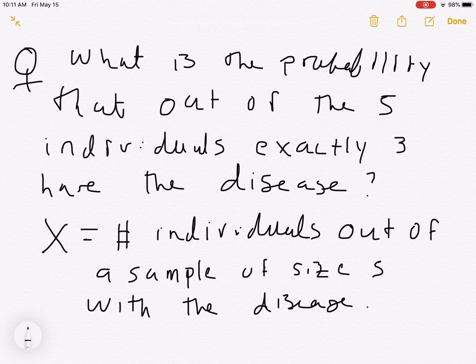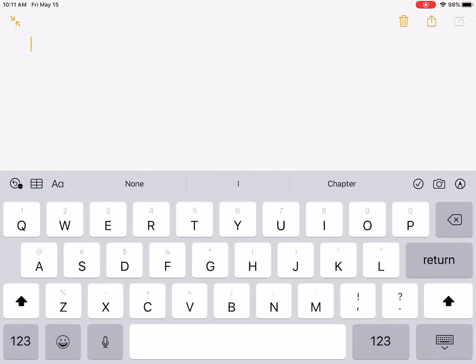And notice that x here is not binomial. There's not a fixed probability. Okay, so that's just one important thing to remark.